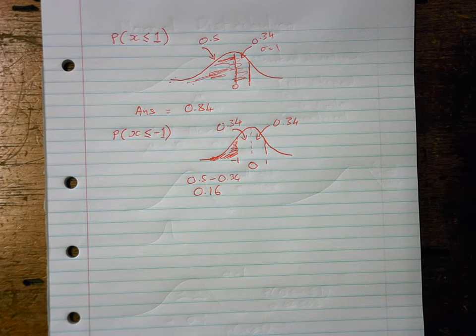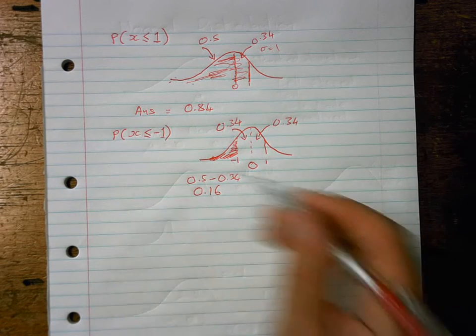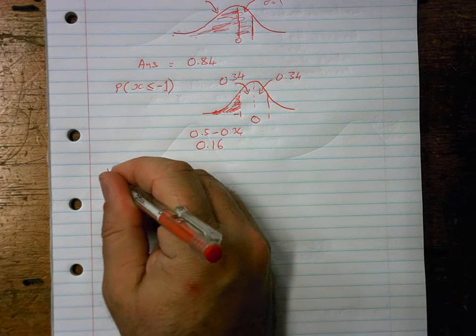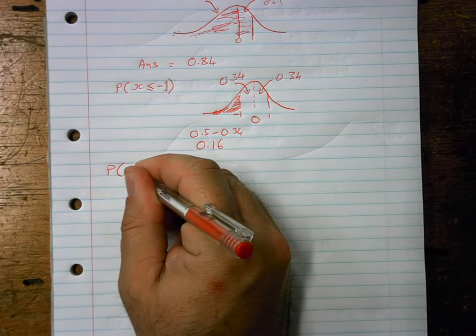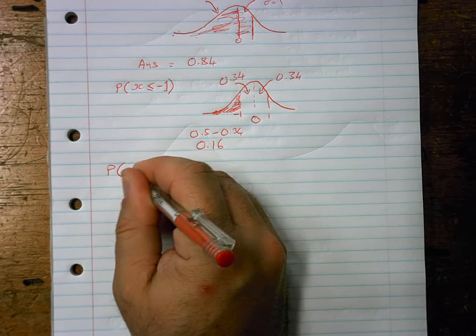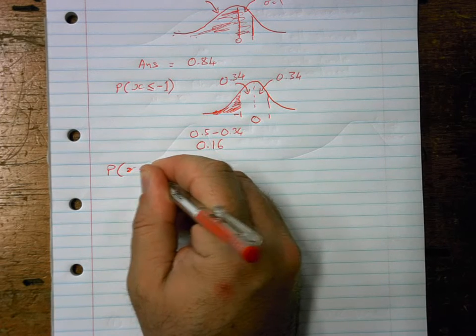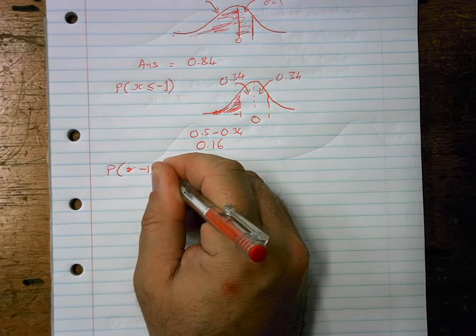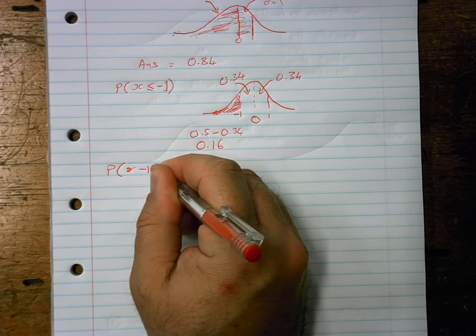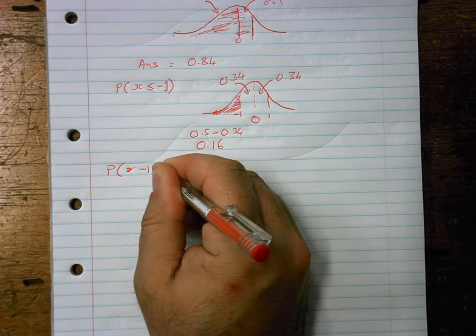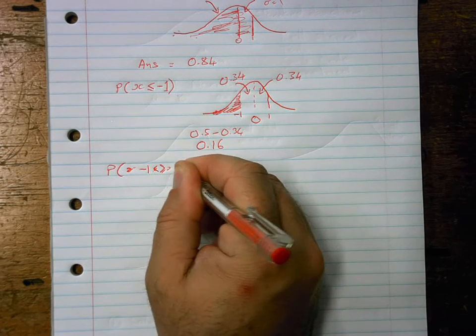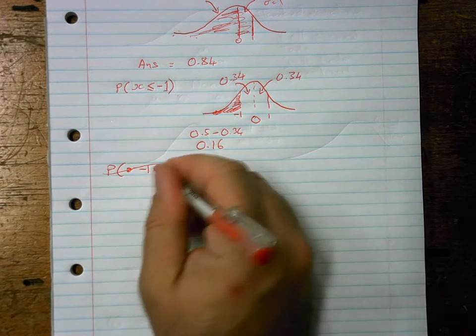Okay. How about, what's the probability that x, sorry, beg your pardon, that negative 1 is less than x, no, other way around. I'm going to scrub that out because that's terrible.